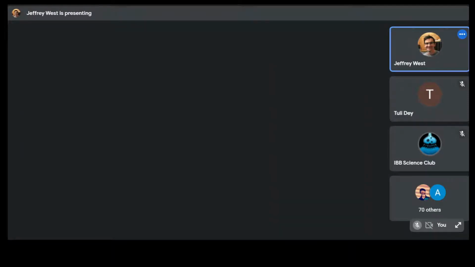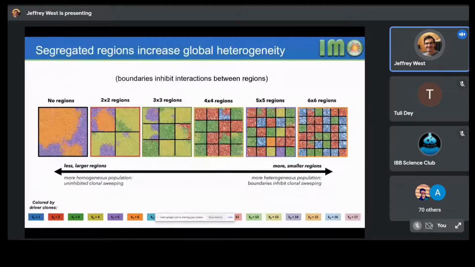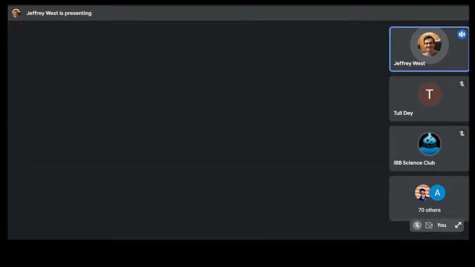So this segregation increases the global heterogeneity across the whole domain. You can see this whole domain is practically orange, while this domain on the right is many different colors. But the individual regions within that domain are very homogeneous, right?